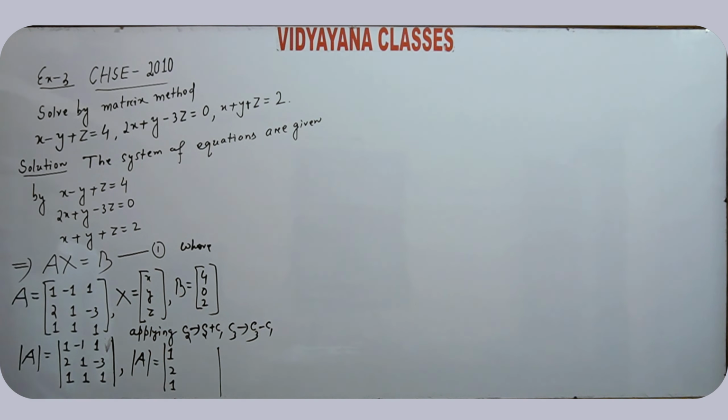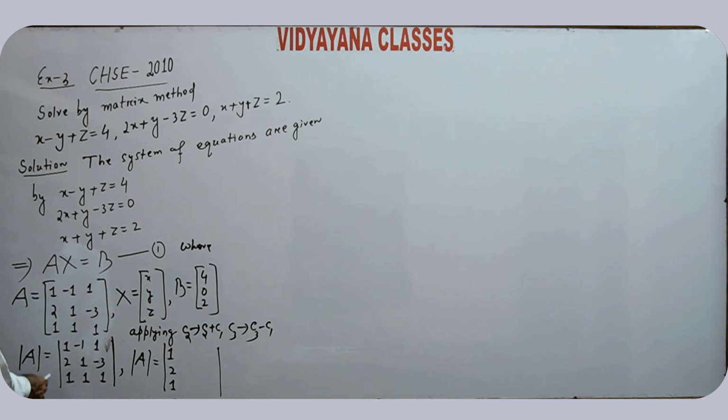C2 is replaced by C2 plus C1: 1 plus 1, that is 0; 2 plus 1... 1 plus 1, that is equal to 2. C3 is replaced by C3 minus C1: 1 minus 1, that is equal to 0. Minus 3, minus 2, minus 5; 1 minus 1, 0.